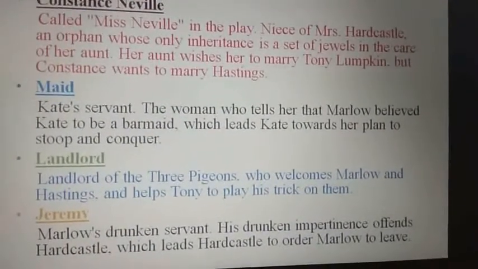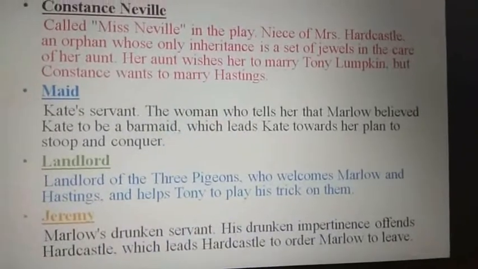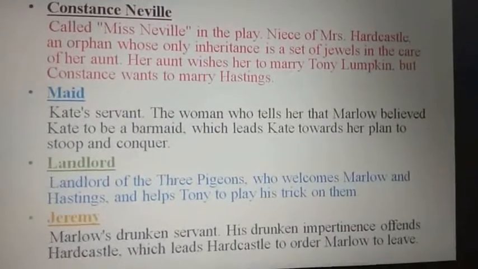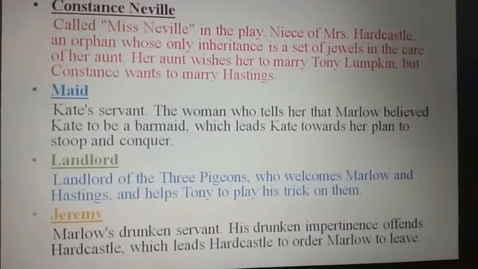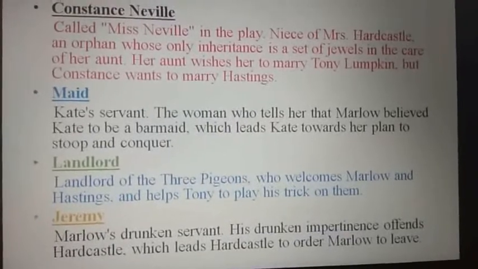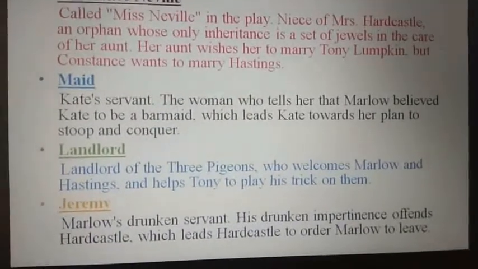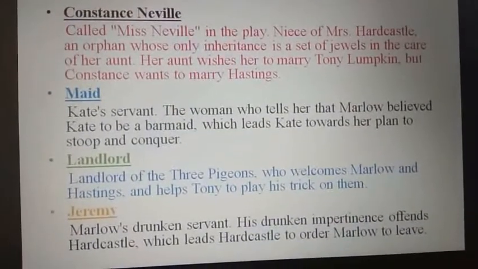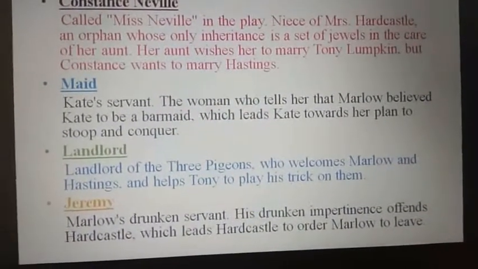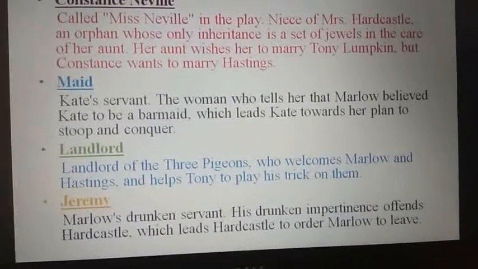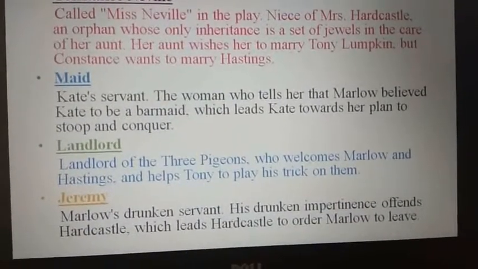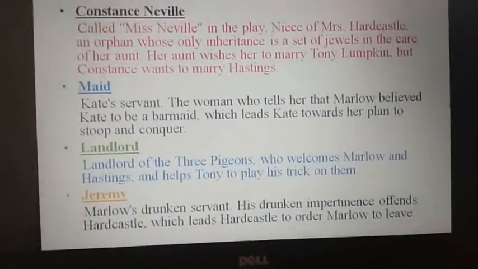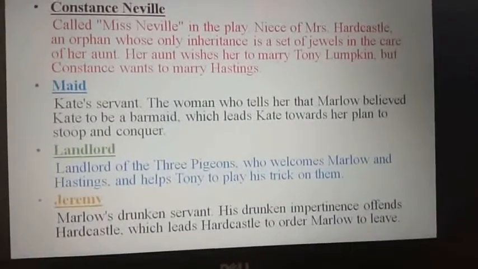Her aunt wishes her to marry Tony Lumpkin, but she loves Mr. Hastings, who is a friend of Charles Marlowe, Young Marlowe. She also wants to elope with Mr. Hastings, but she wants to elope with the jewels. She doesn't want to lose the jewels.